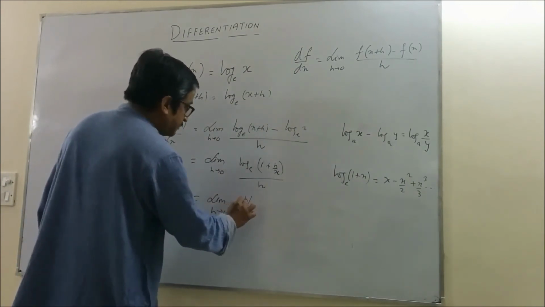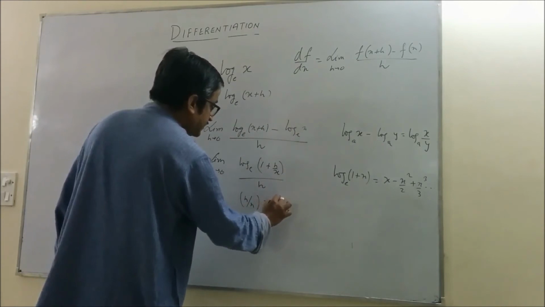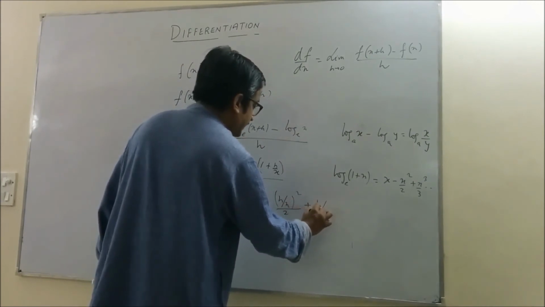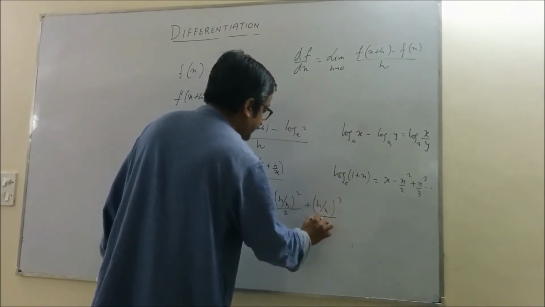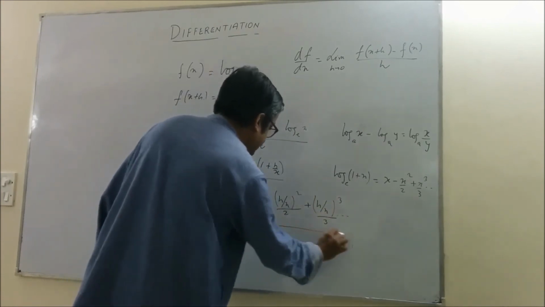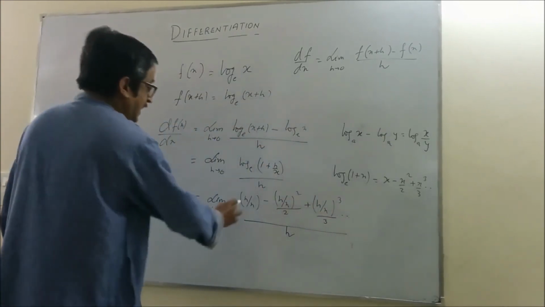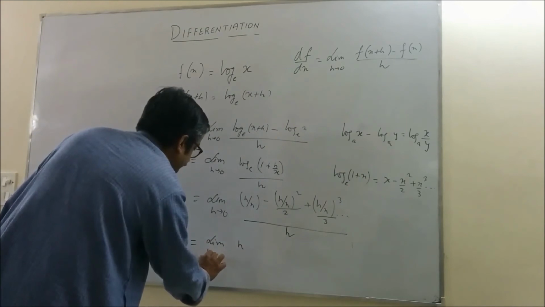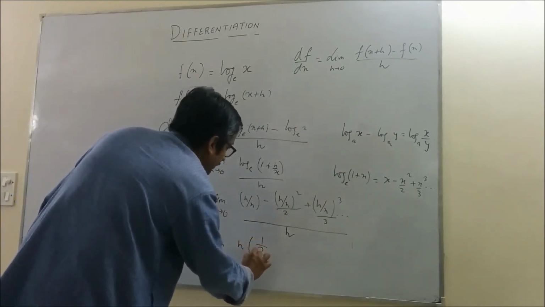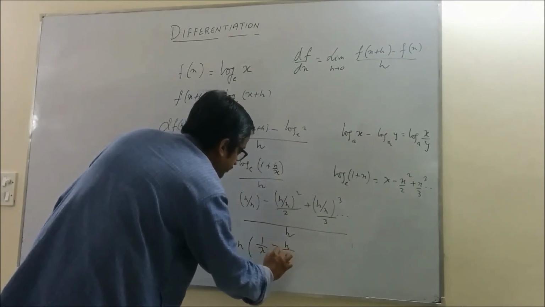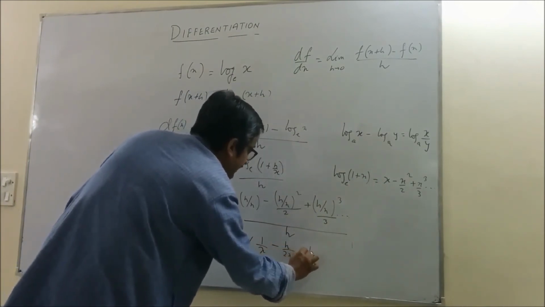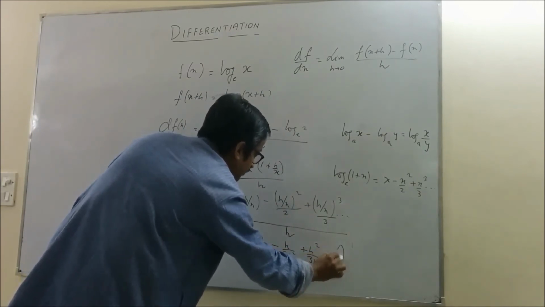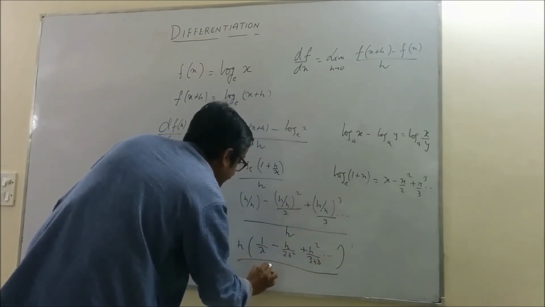What do I get? h by x minus (h by x) whole square by 2 plus (h by x) whole cube by 3 and so on, divided by h. I'll take h out. I'll be left with 1 by x minus h by 2x square plus h square by 3x cube and so on, divided by h. This gets cancelled.